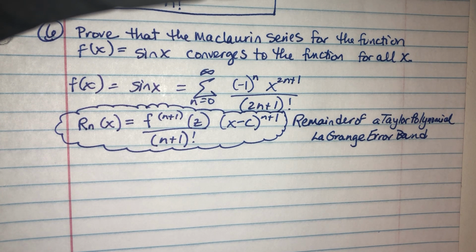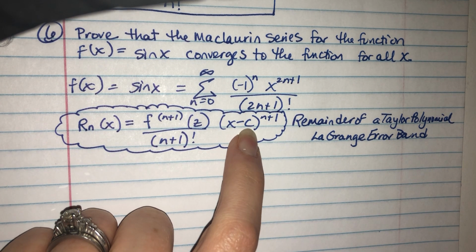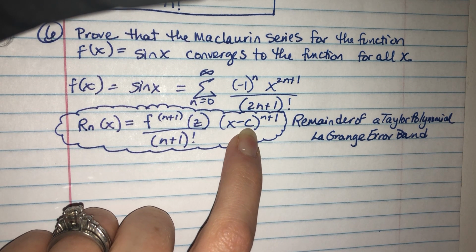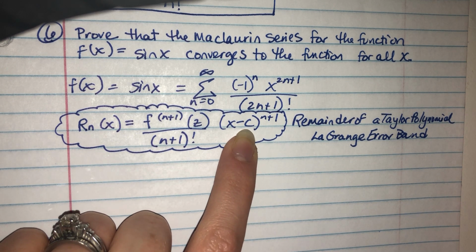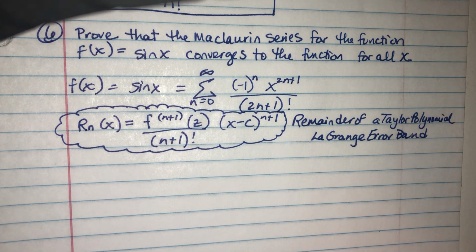It's always going to be values, no matter what your c value is, from -1 to +1. It can't be anything smaller than -1. It can't be anything greater than +1.